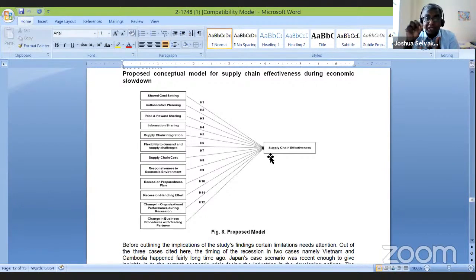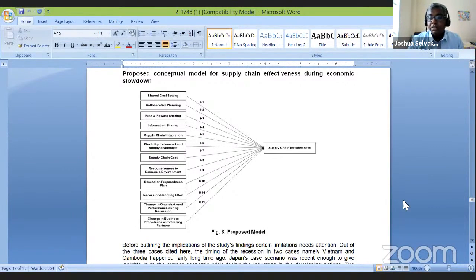Your departments are functioning efficiently, and you are able to manage your resources efficiently inside the organization. Anything that happens outside, between, let's say, one firm and another firm in the supply chain, is called effectiveness. So here, all these processes are leading to supply chain effectiveness.